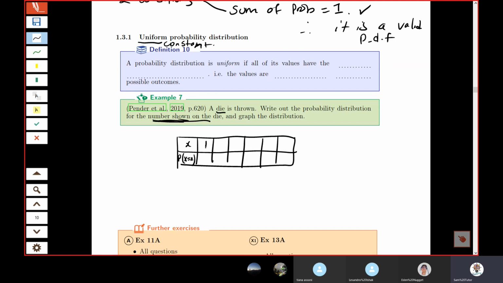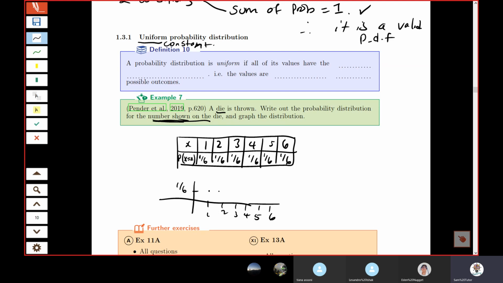So that means this will be number 1 shown, number 2 shown, number 3 shown. Good. And what's the probability of each one occurring? 1 in 6. And can you see each one lies between 0 and 1, and that the sum of all of these are equal to 1, so it works. And then graph it. Graph at 1, 2, 3, 4, 5, 6.